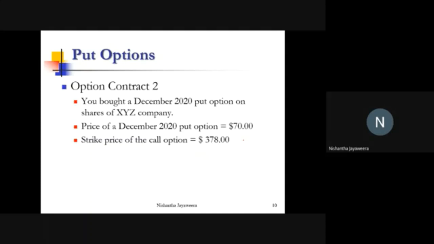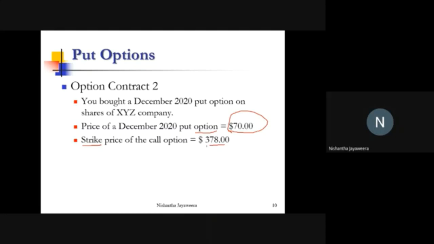Here is an example, almost the same thing: a December put option on XYZ company and the price of a put option contract. This is the premium. This is the exercise or strike price. So the buyer of this put option has the right to sell shares of XYZ company at a price of $378 per share.